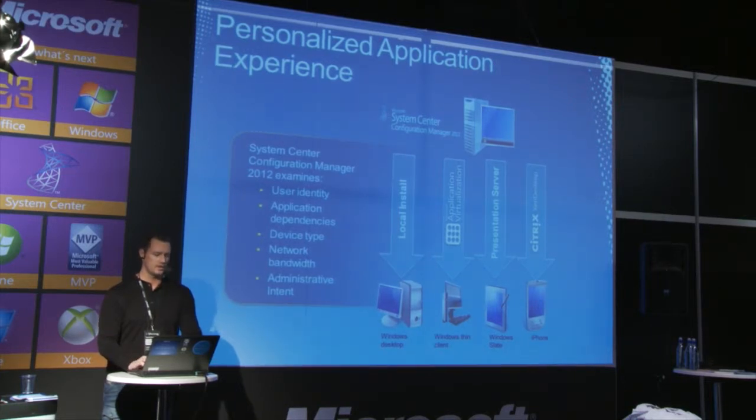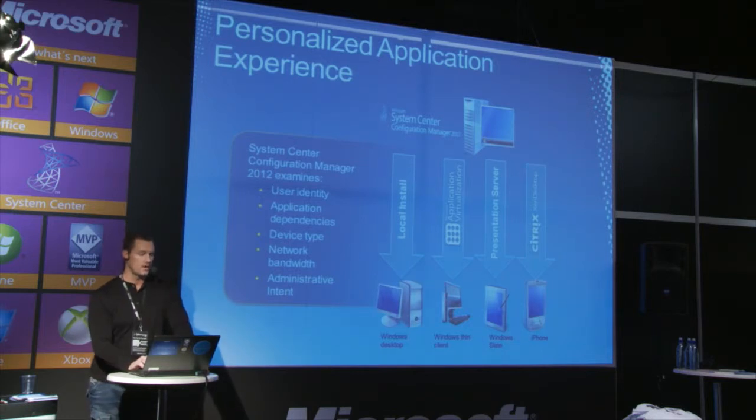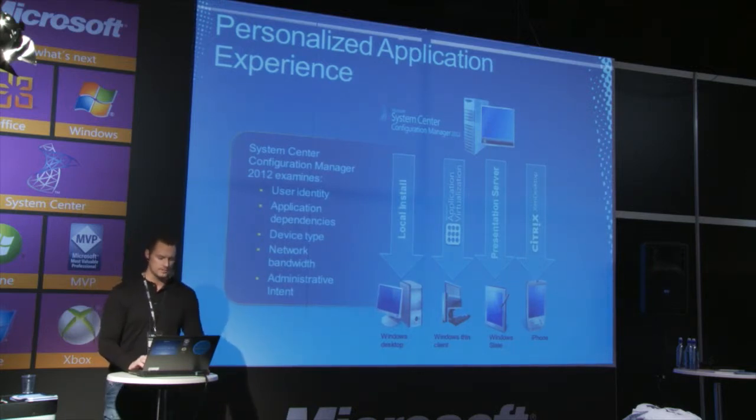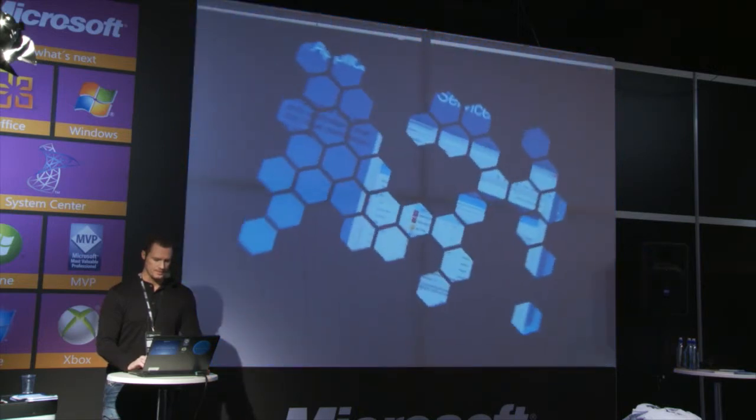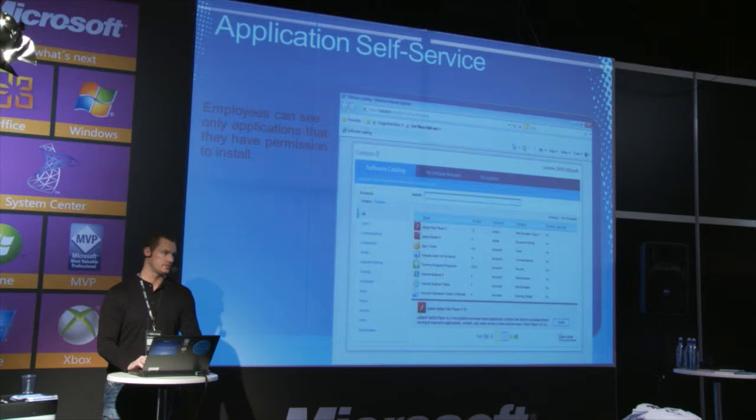If he logs in on his primary computer, he gets a fully installed software, but on temporary logged-on computers, he gets a virtual application. So that's pretty neat. Config Manager 2012 can learn by statistics which is the user's primary computer.